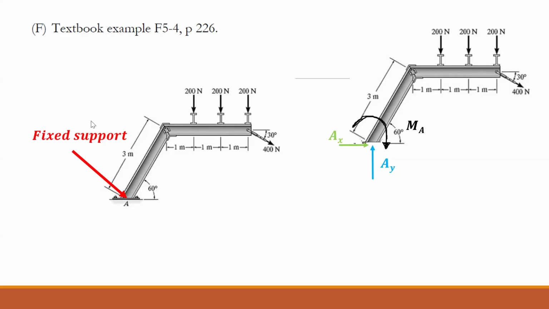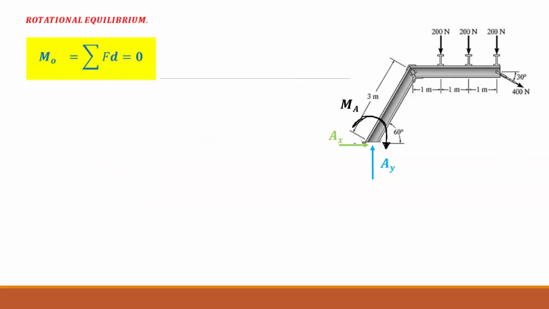Okay, so you drew the free body diagram like this, and this 400 may need to be divided into 2 components because it is not in the horizontal or vertical. So we have to divide that into 2 components. Have you done that?